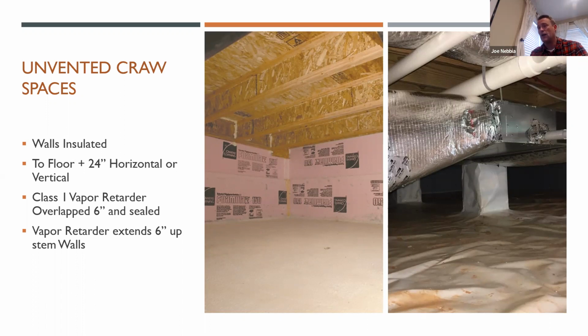A class 1 vapor retarder overlapped 6 inches and sealed at the seams is required, and that vapor retarder has to extend up the wall 6 inches and up stem walls. So that is required, and that's to prevent any kind of moisture, hopefully, from getting into that sealed crawl space, which typically is going to have a dehumidifier as well, and it's going to be supplied with conditioned air.